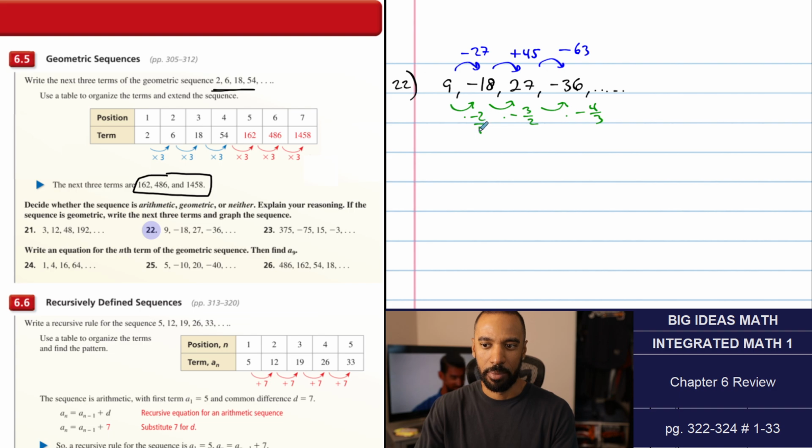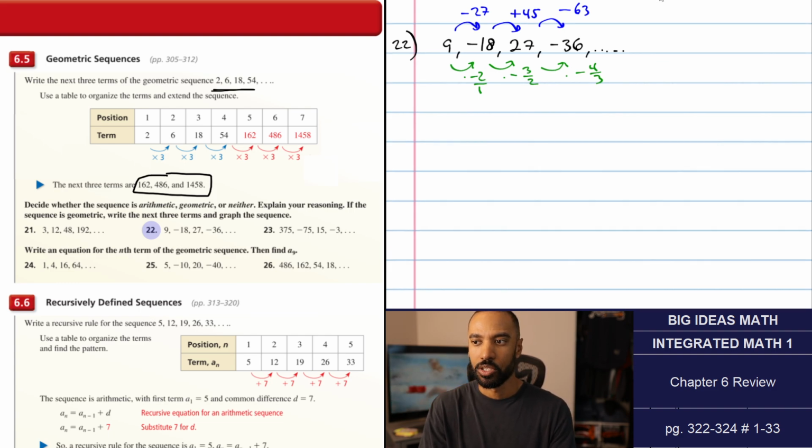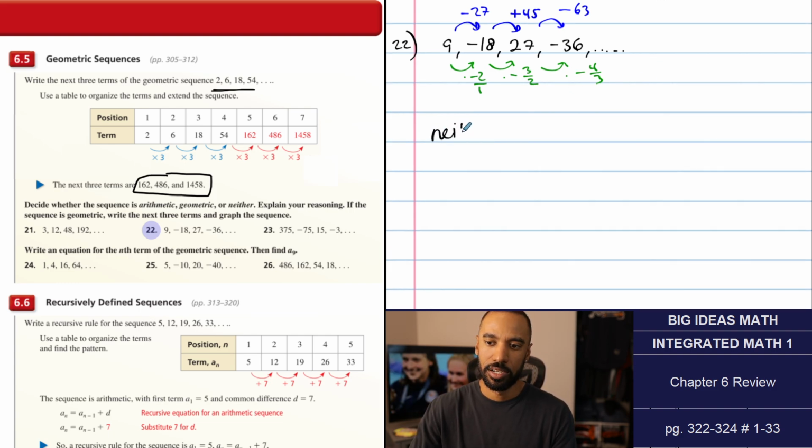This is negative 2 over 1, by the way, so you can see how this changes. Negative 2 over 1, negative 3 over 2, negative 4 over 3, probably negative 5 over 4 next. There's no common ratio. So this is a neither case. This is neither arithmetic nor geometric. There is no common difference or ratio.